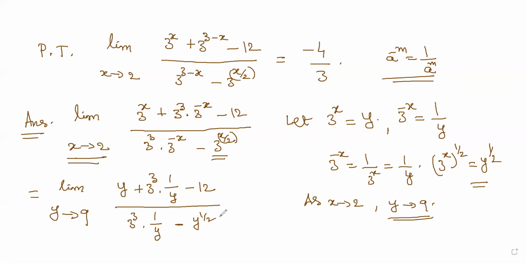Please note it up to this point. We have changed the domain so that this problem goes easy when you give this substitution. The substitutions you have to learn, that's most important. These are the tricks and trade of solving the limits.